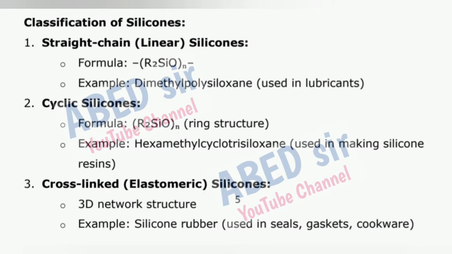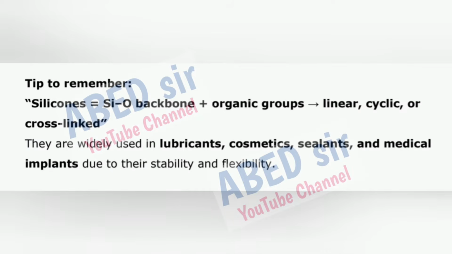Cross-linked, elastomeric, silicones, with a 3D network structure. Example, silicone rubber, used in seals, gaskets, cookware. Tip to remember: silicones equal Si–O backbone plus organic groups, linear, cyclic, or cross-linked. They are widely used in lubricants, cosmetics, sealants, and medical implants due to their stability and flexibility.